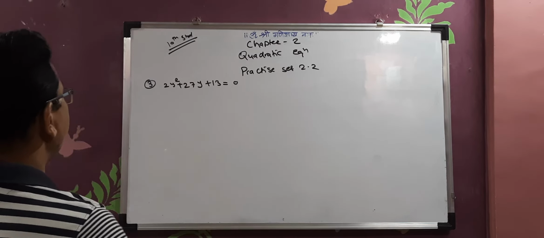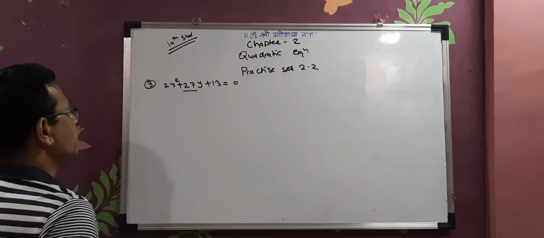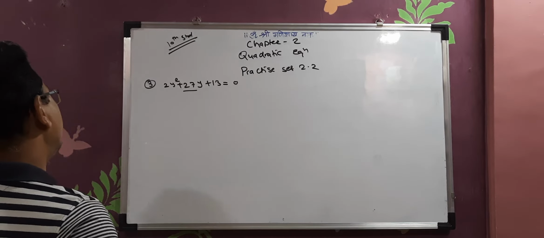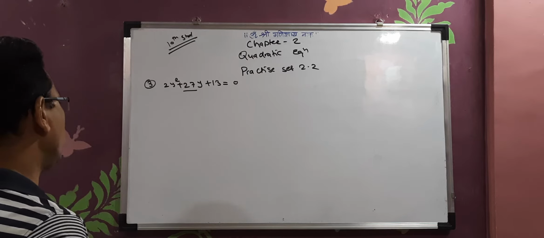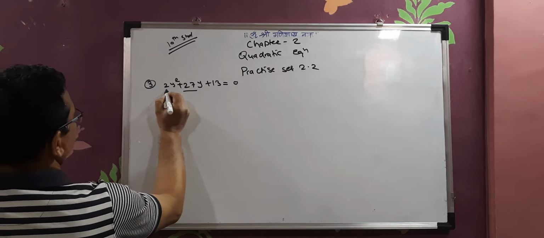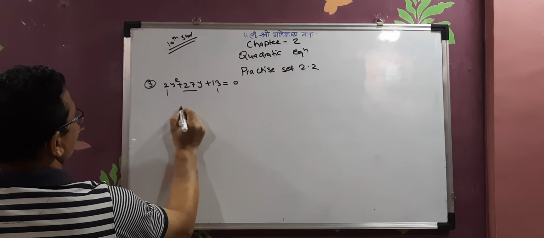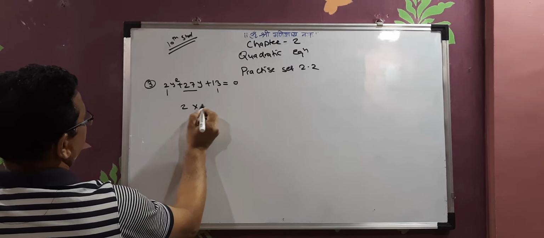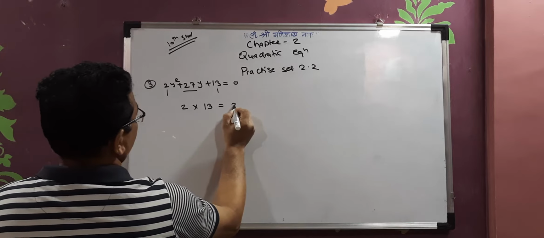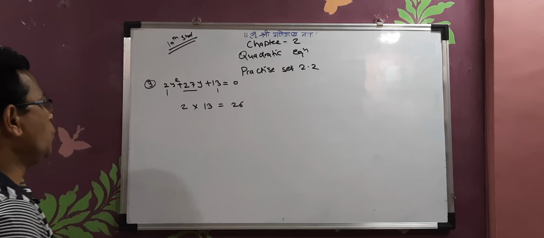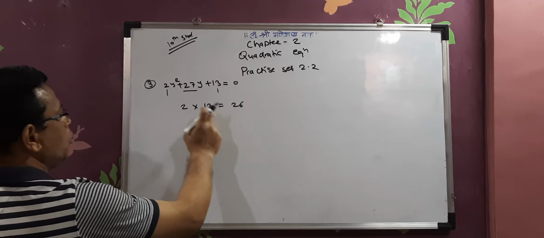So we have to divide this middle term into two terms. The product of those terms should be equal to the product of the quadratic coefficient and the constant. So this is 2 and this is 13, so the answer is 26. We have to divide this in such a way that the product should come to 26.